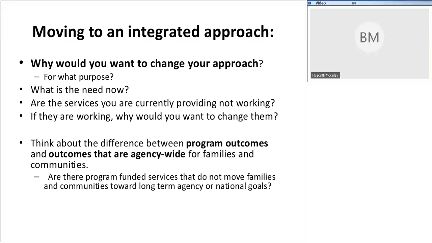One of the questions that you'll have to think about before you really move forward is, are there funding sources that are not helping you move towards these national goals of economic security and vibrant, healthy communities and participation of your customers? They're designed to produce a certain outcome, and they're valid for that, but they are not designed for the movement out of poverty that community action would like to see.